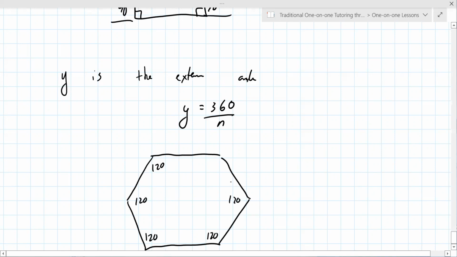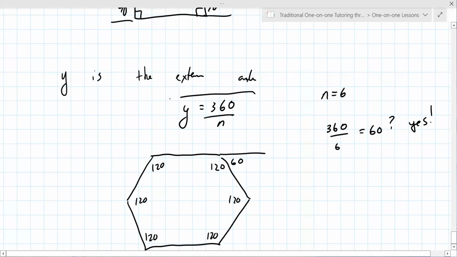So the exterior angle must be 60. Do you agree with that? So if n equals 6, is 360 divided by 6 equal to 60? Yes. So this is another formula to know.